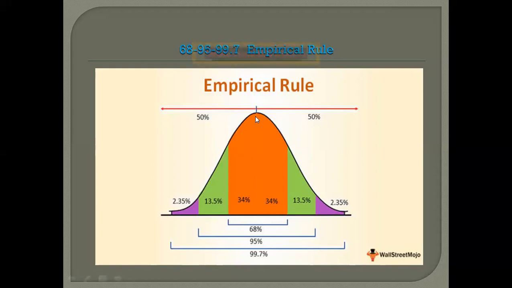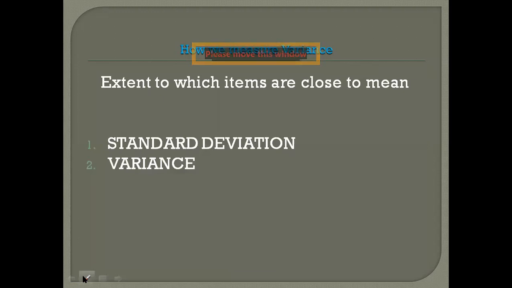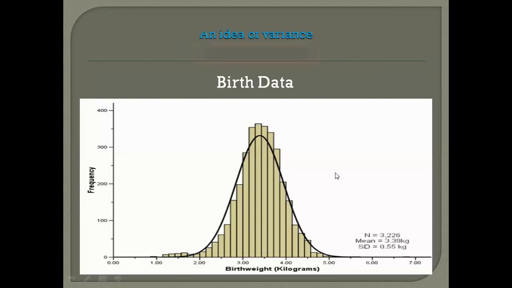So the next thing is that if we move just one standard deviation away from the mean, this is one standard deviation away on the right side, and this is one standard deviation away from the mean on the left side. Now, this will occupy 68% of your data. So if we have the birth data here, the mean is 3.39.